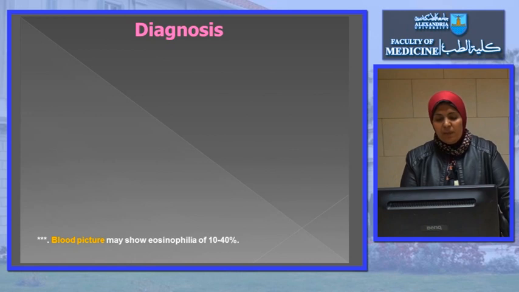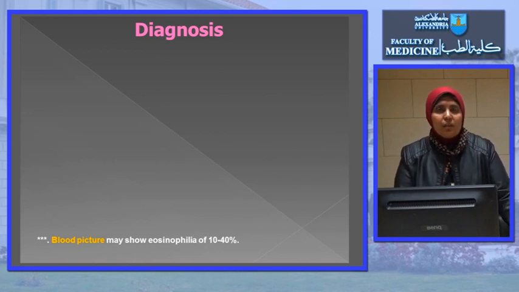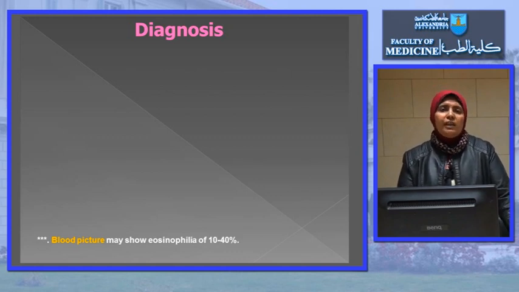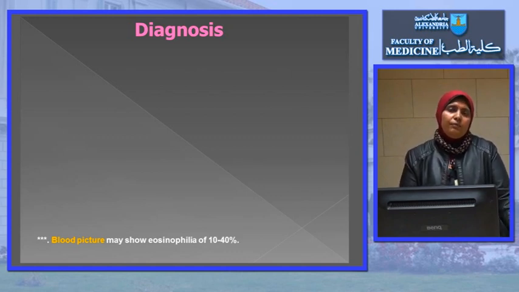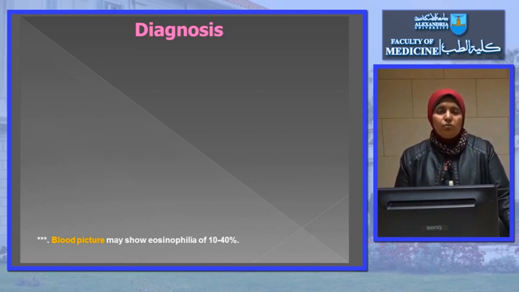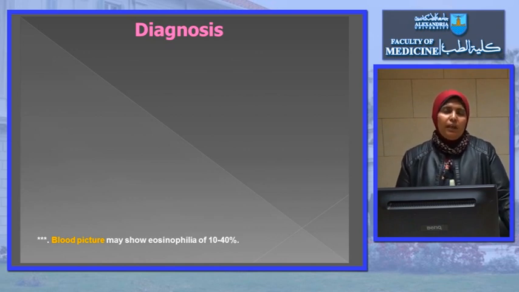Now, if this patient is symptomatic and presenting with GIT manifestations or whatever, this will lead the physician to follow the correct route of diagnosis to capture the diagnostic stage.